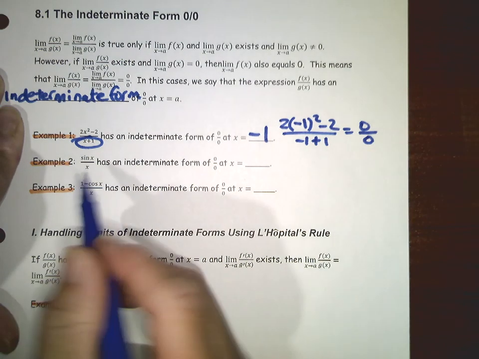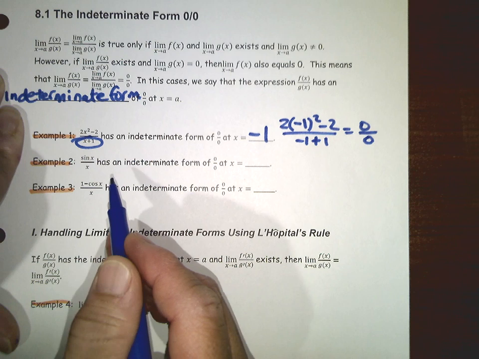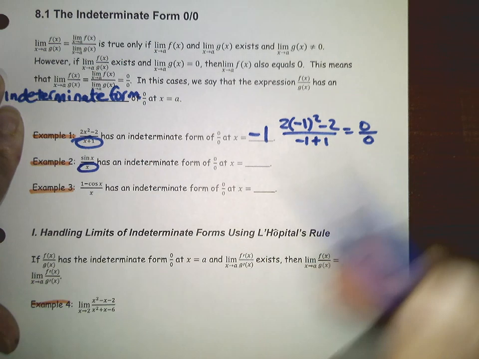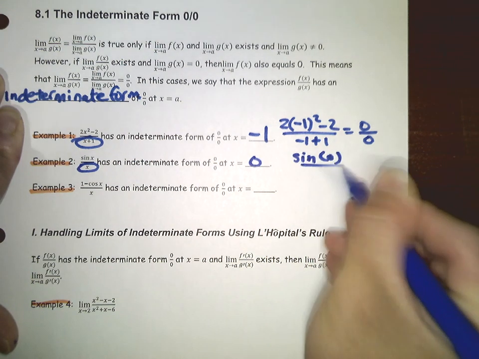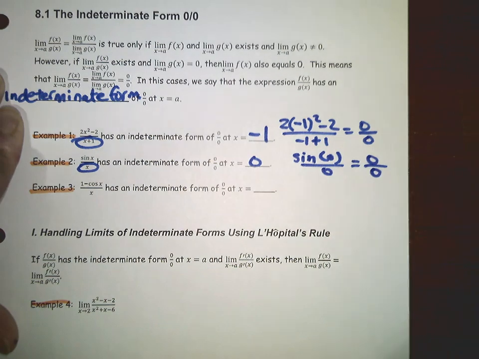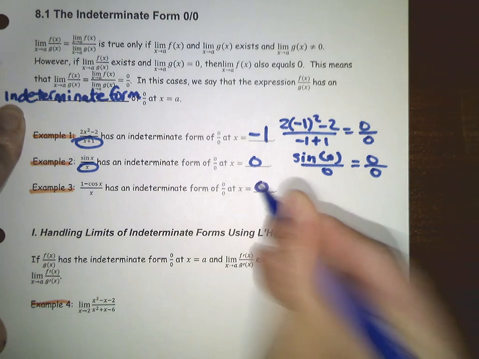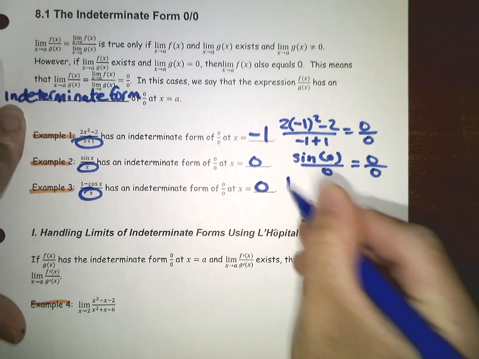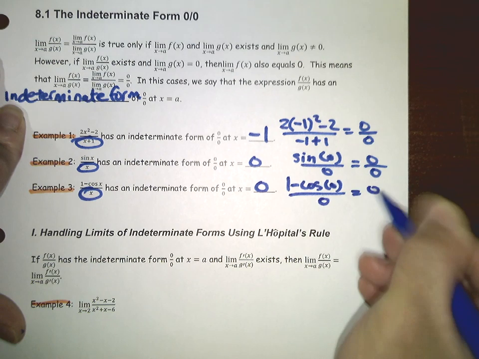All right, sine of x over x has an indeterminate form of 0 over 0 at x equals 0. Again, that's where the denominator would be 0, but you can verify that because sine of 0 over 0 is 0 over 0. And then 1 minus cosine of x over x has an indeterminate form of 0 over 0 at x equals 0 again. So that will be 1 minus cosine of 0 over 0, so that's 0 over 0.